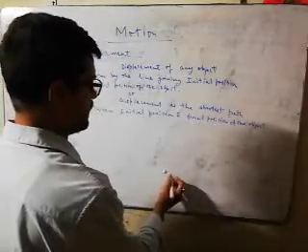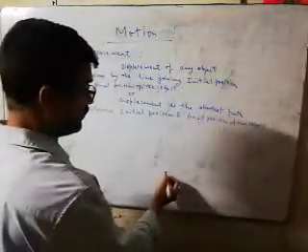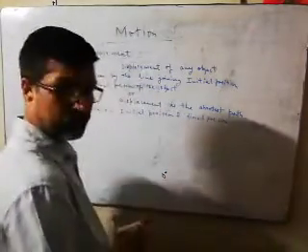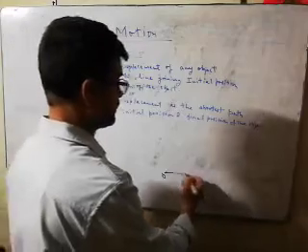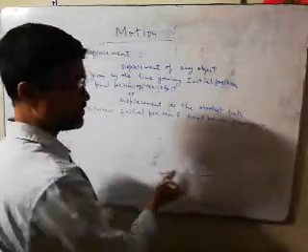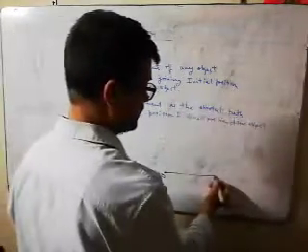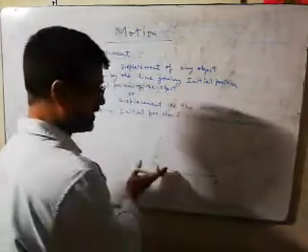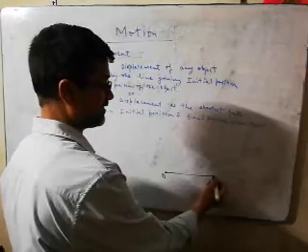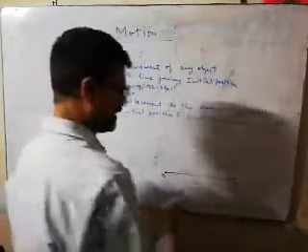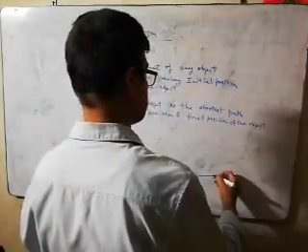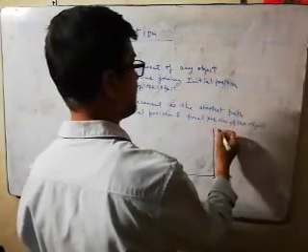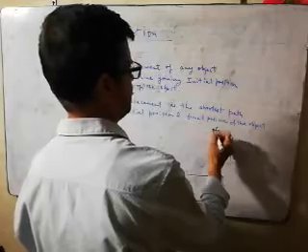If any person has started from the point O, motion has been started. He first went to point H, maybe in east direction, and then he moved to point maybe G in north direction.